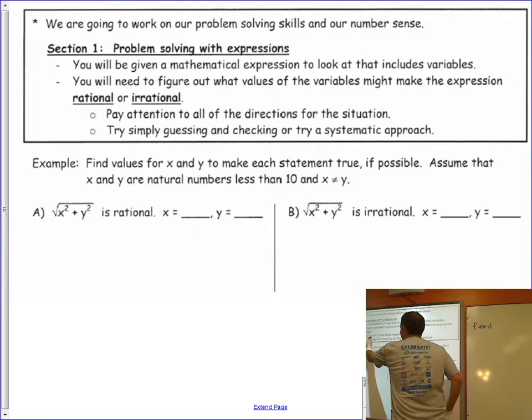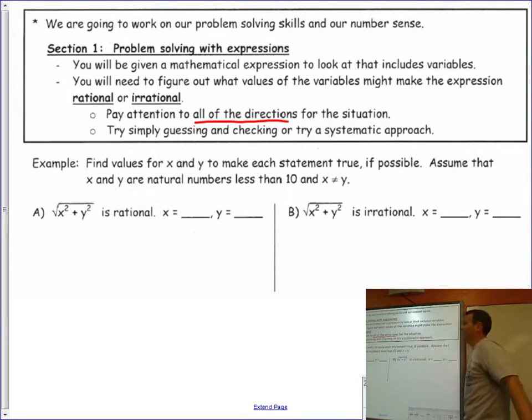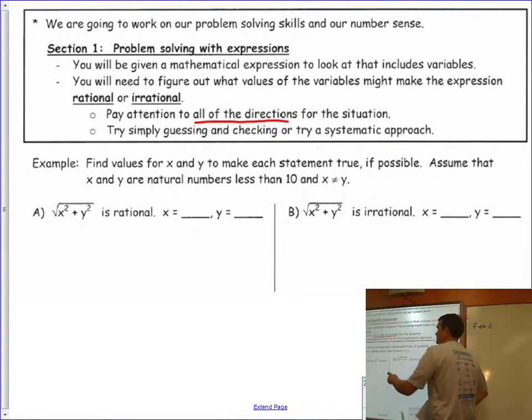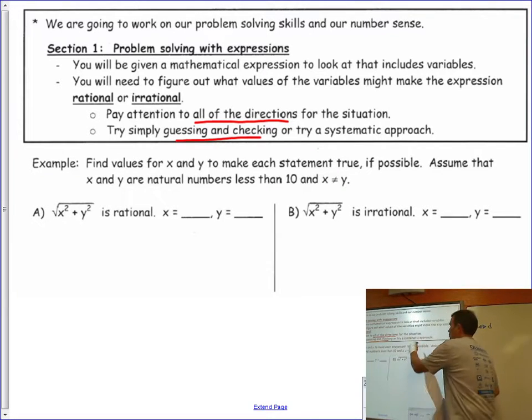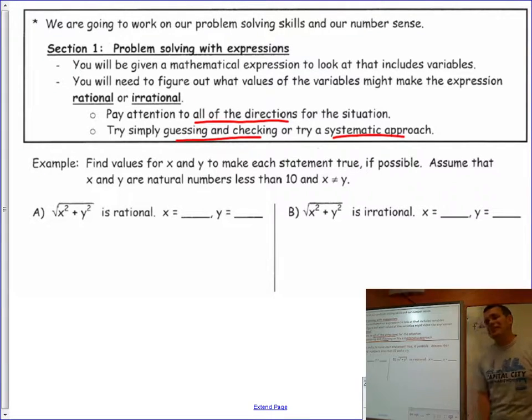I think it's important to pay attention to all of the directions, and there are a couple ways you can do this. Often in math, a good way to solve a problem is just by guessing and checking, seeing what makes sense. Or you might try to figure it out systematically, and I'm going to try to walk you through that. Let's look at the example.